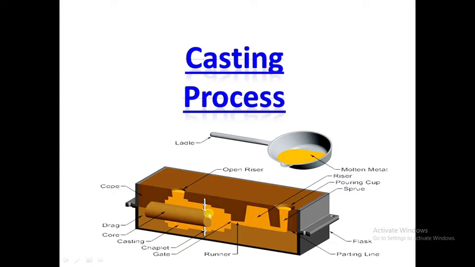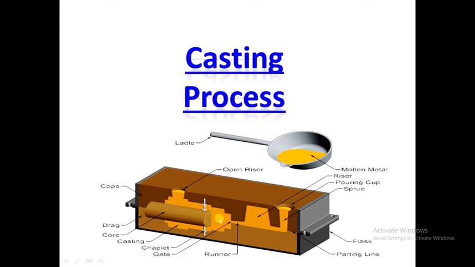Just for the sake of understanding, the pattern is kept inside over here. After that the mold is prepared by filling this box with sand, and then they remove the pattern. How they remove it we will see. By removing the pattern, this cavity is formed over here.